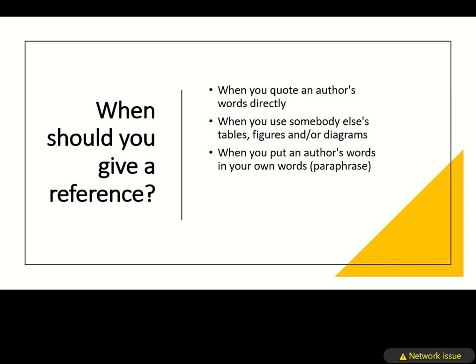For example, this room has a dimension of, let's say, 30 by 40. This is one way of saying it. Another way of saying it is: the room has a length of 30 feet and a width of 40 feet. Did I say the same thing? Yes. Are my words different? Yes.